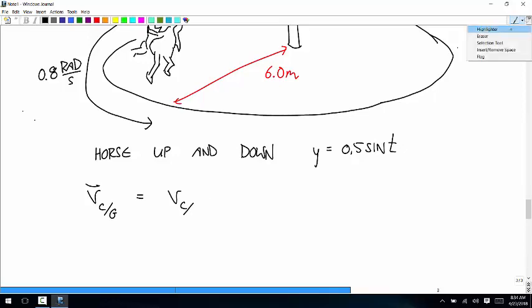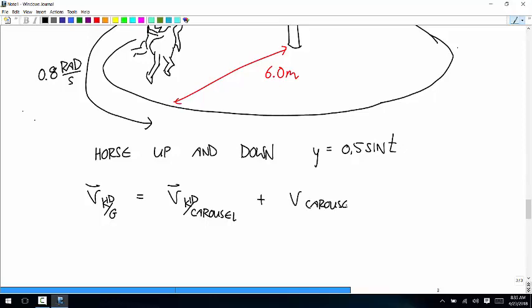Those both start with C's. Let's say, kid: kid relative to the carousel plus the velocity of the carousel relative to the ground.